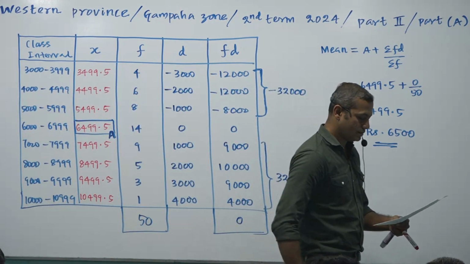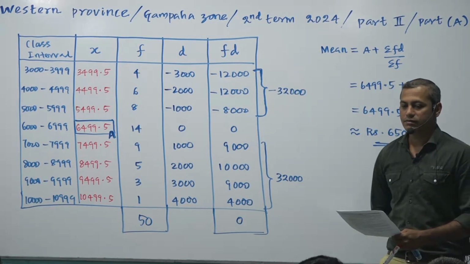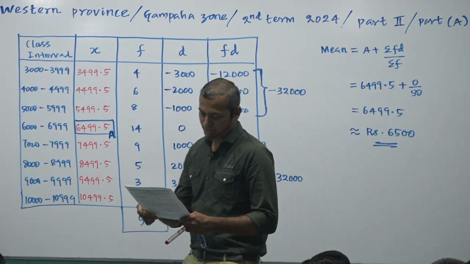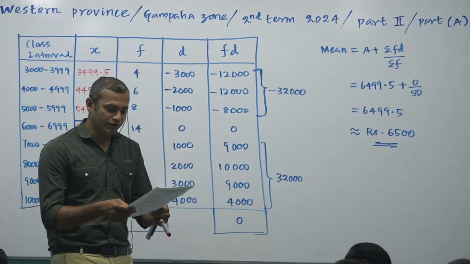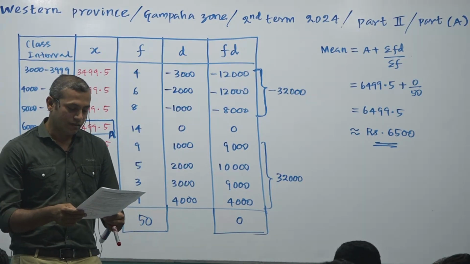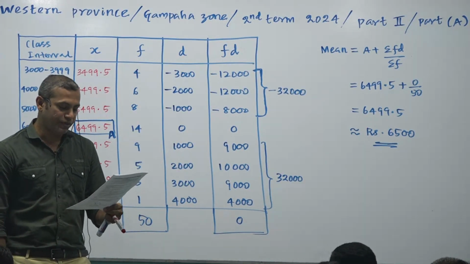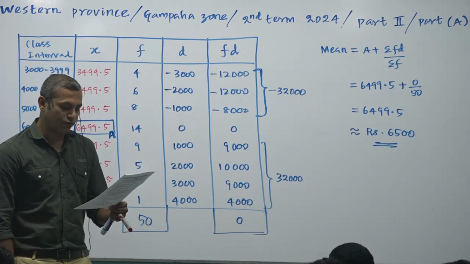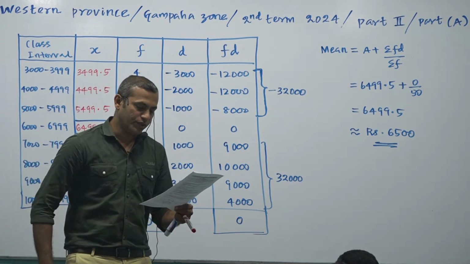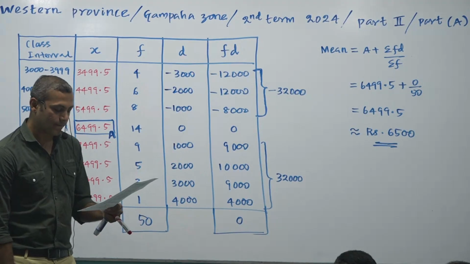Second part, they say what? The owner of the fuel station receives 0.8% of the amount spent for fuel by a motor car as a profit.